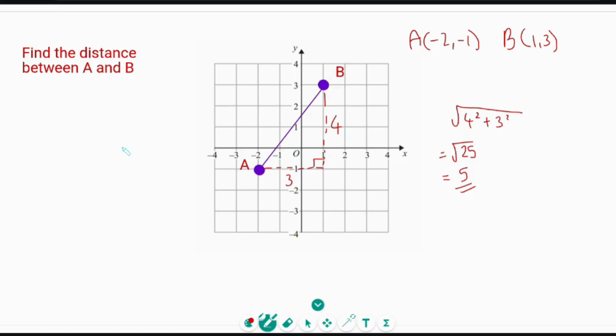So let's just make a note of the formula here. So we did the square root. Now here, to get the 3, we actually did the difference between -2 and 1, which is 3.